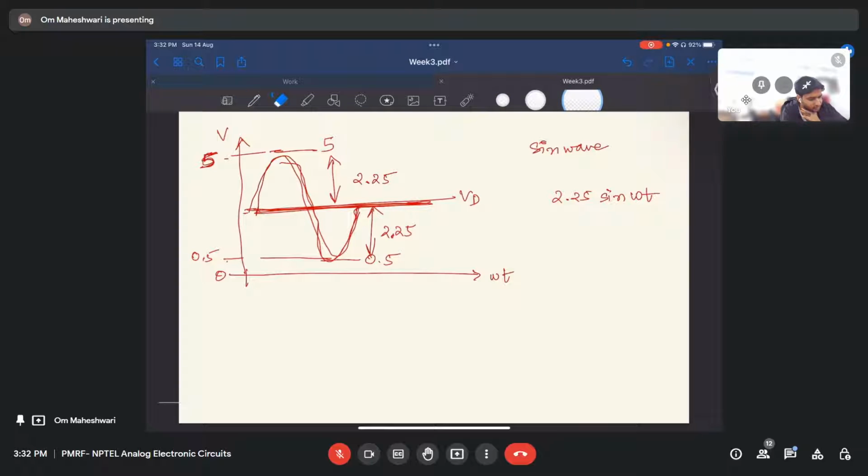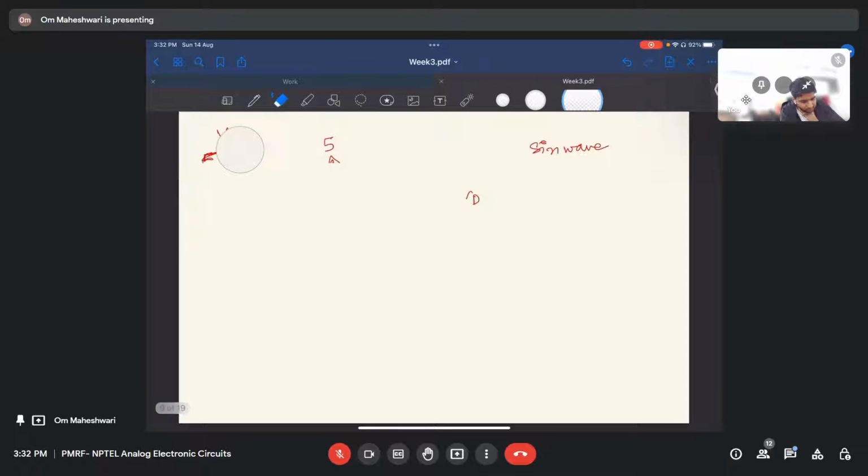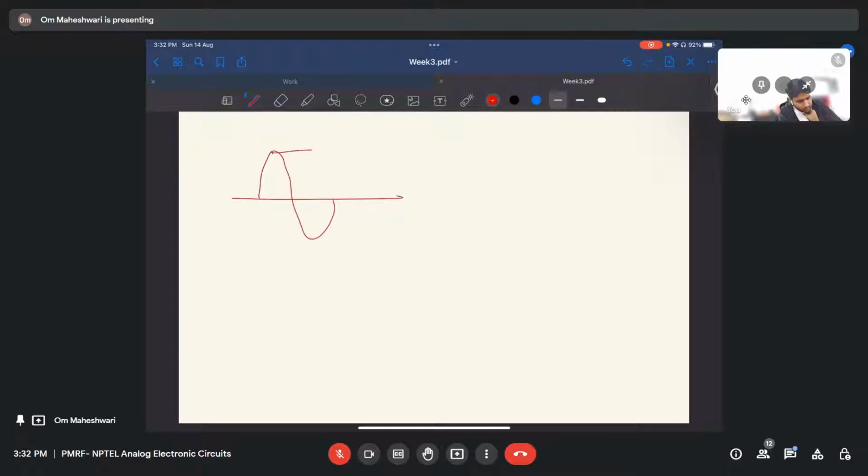Okay, it is more confusing this way. Let me just tell again like this only. This is 5 volts, this is 0.5 volts. This difference is 4.5. Half of it is 2.25. So if this voltage is 0.5 volts already here, right?